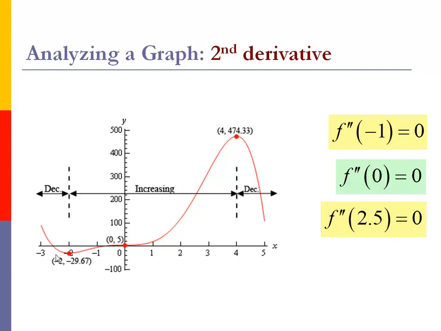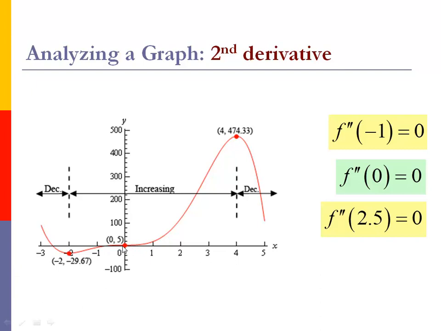I'm smiling. But then my girls come in, they're a little rambunctious, and they spill my cereal. My bowl is now upside down. I'm frowning, I'm not having a good time, and we call that concave down, when the graph is curving down.